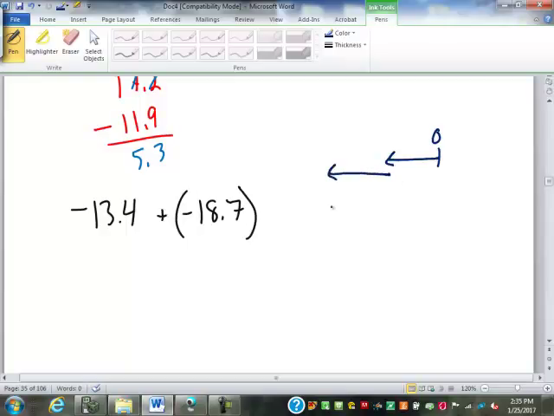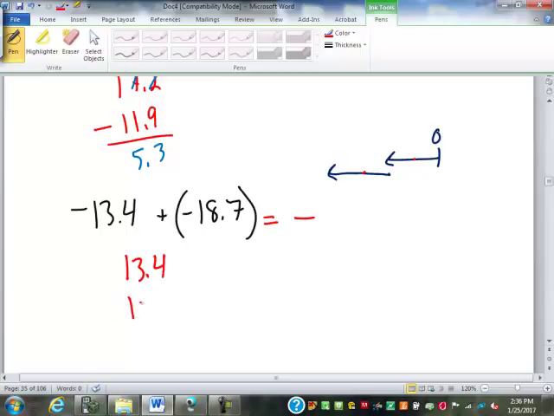Same. So since they go the same direction, it doesn't matter if it's longer or shorter. It's obviously on the negative side because they're both going negative. Do we add the values or subtract the values? Since both arrows go the same direction, we add the absolute values.